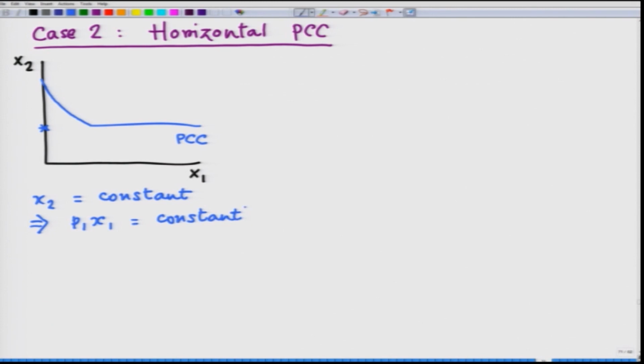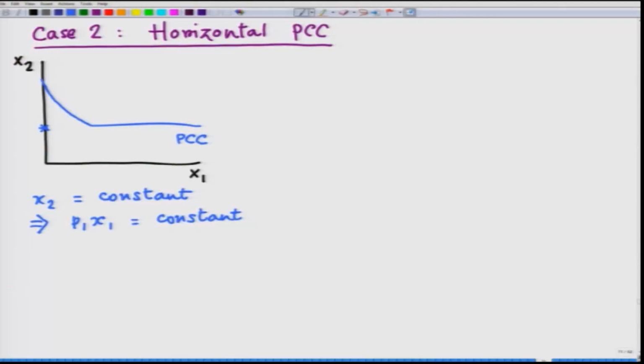Now, if with a fall in P1, P1 x1 becomes constant, what does it imply? It implies that the own price elasticity takes value 1. It implies that we are working with a demand function which shows unitary elasticity. So, let us jot down these things.